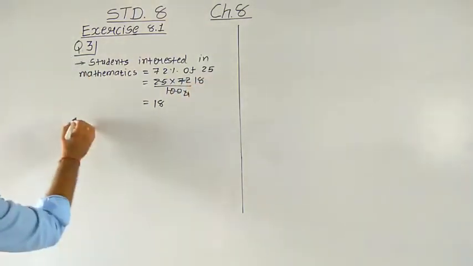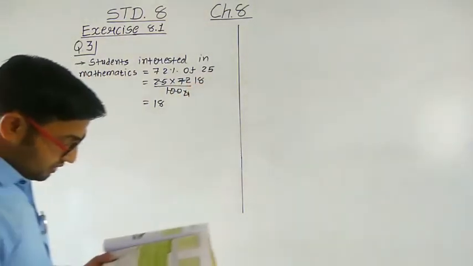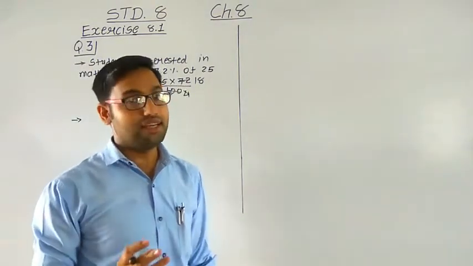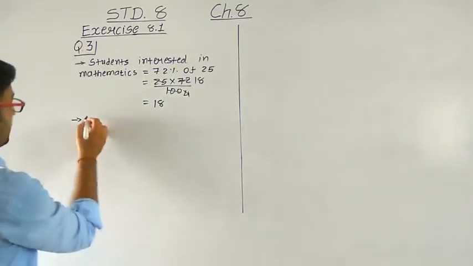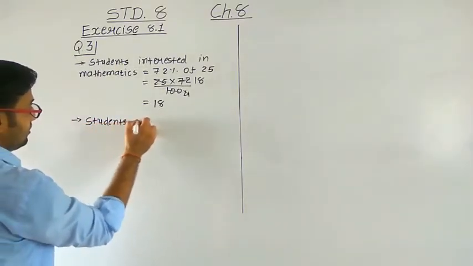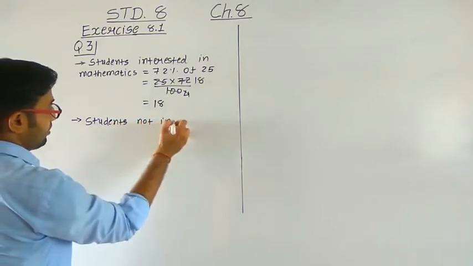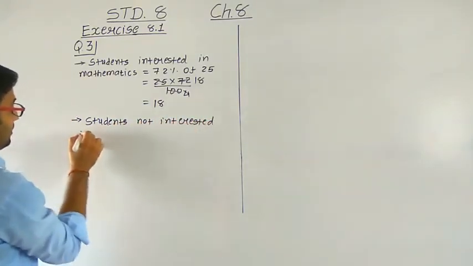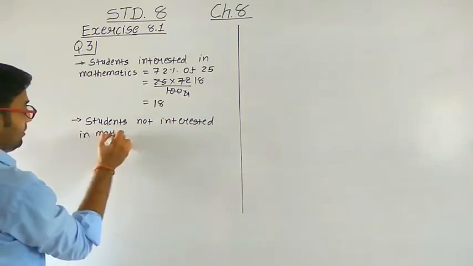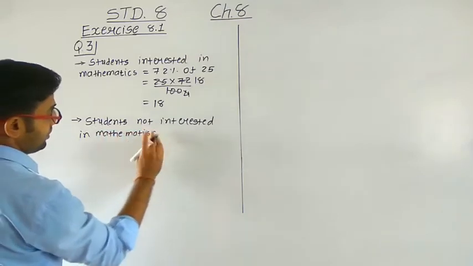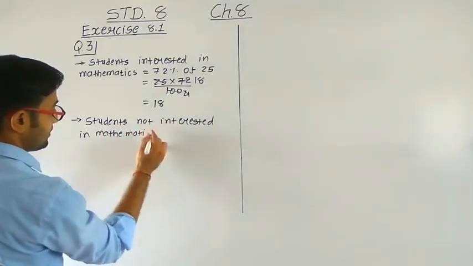Now we have to find how many students are not interested in mathematics. So here we can write: students not interested in mathematics is equal to total students minus students interested in mathematics.